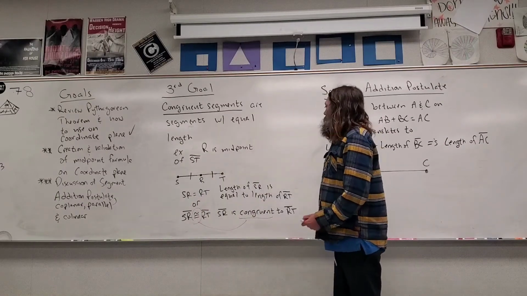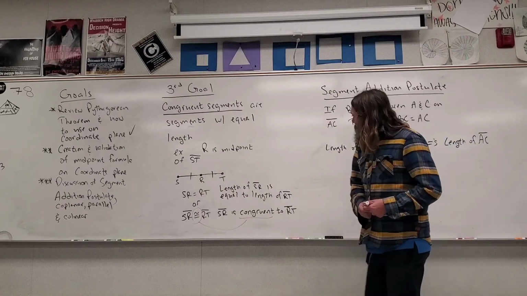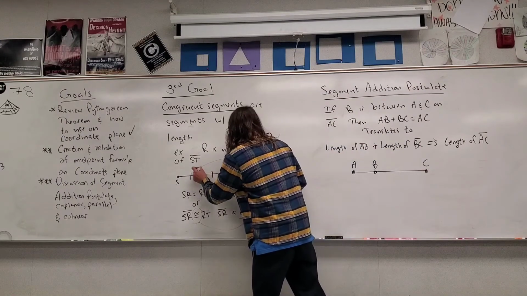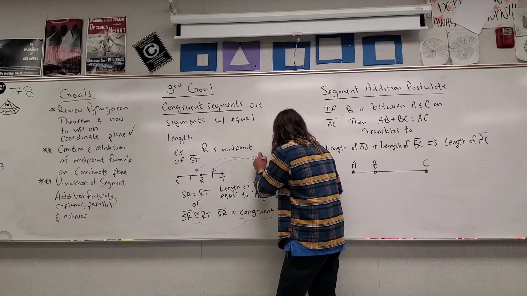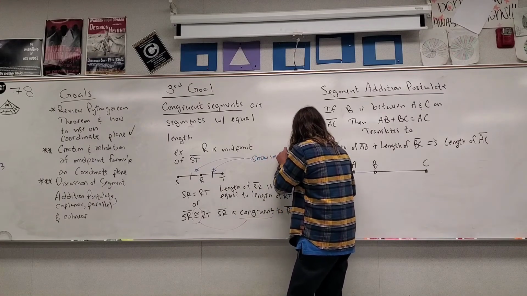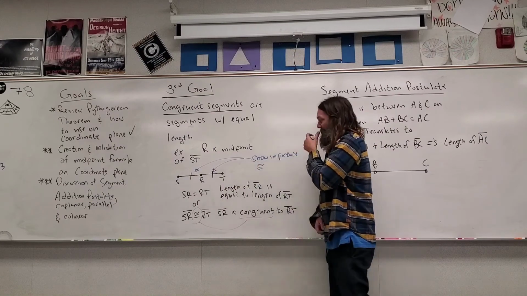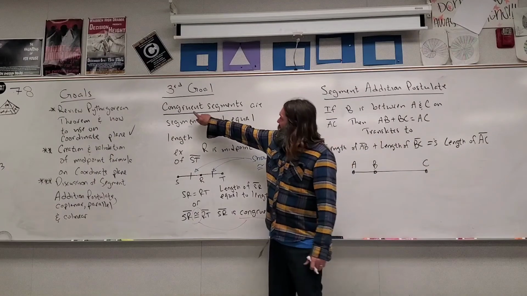Now, these marks up here, that's how I show you in a picture that segments are congruent. So when you see a mark like this, that is how we show congruence in a picture. And again, I wanted to wait to explain what that symbol was so I didn't have to write out this long word.